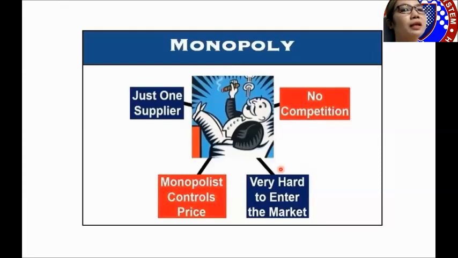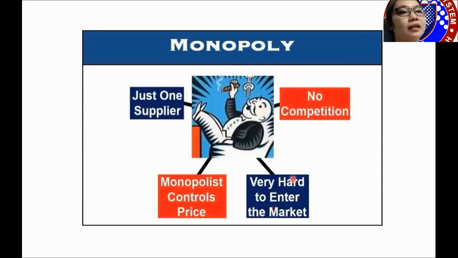So in monopoly, again, there is just one supplier, there is no competition, the monopolistic firm has control over the price, and it is very hard to enter the market.